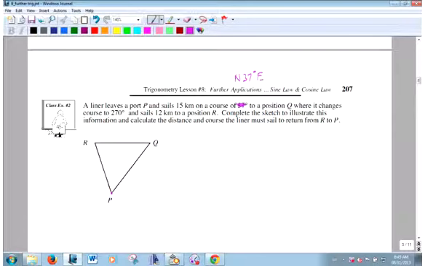Where it changes course to, we're not learning it that way, due west, and sails 12 kilometers to position R. Complete the sketch to illustrate this information. Calculate the distance the liner must sail to go from R to P. That's what I want to find out, this length. So, let's start again. A liner leaves port P and sails 15 kilometers on a course north.